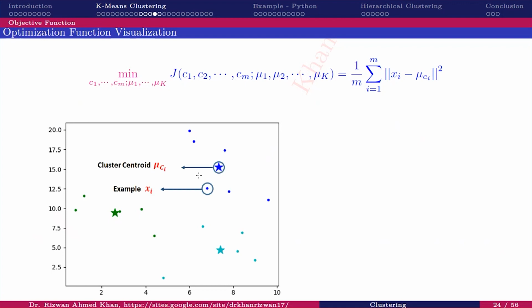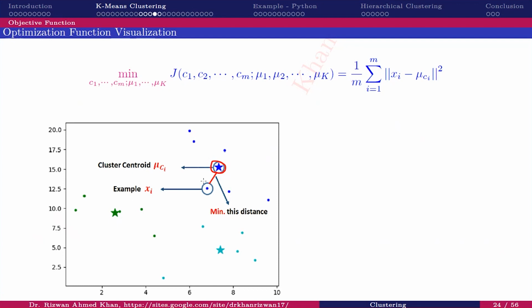So this mu of Ci is the cluster centroid to which this point, Xi, is assigned. Because this is blue and this is the blue cluster centroid, mu of Ci would be exactly this position. And we are trying to minimize this distance by changing the position of the cluster centroid.